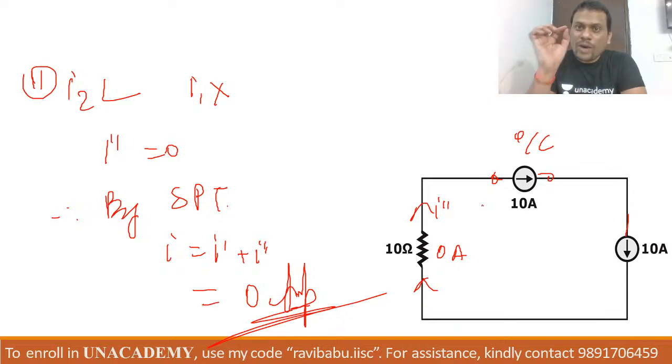Superposition theorem is never invalid for the calculation of current and voltage if current and voltage are linear quantities, or in other words, beta, your circuit is linear. Why is superposition theorem invalid here?